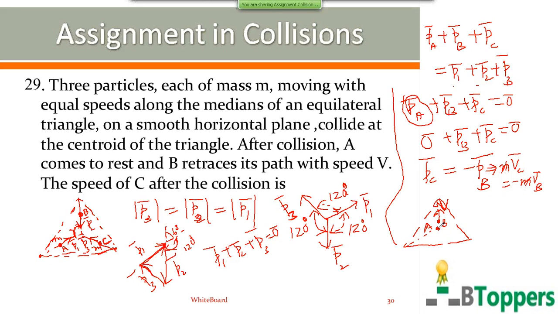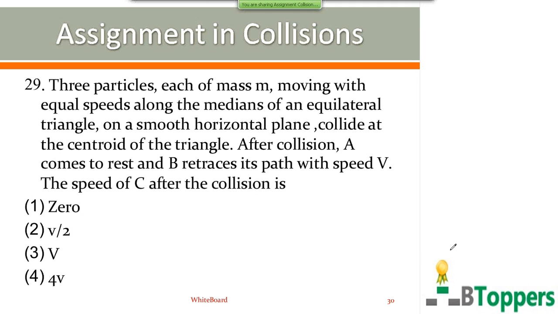So the velocity of C is opposite to B in direction but equal in magnitude. After collision C moves opposite to B with the same momentum magnitude and same speed V. If you want to copy the solution of the problem, you can pause and copy it. So for question number 29, the third option is the answer. The speed of C after collision is V and the direction of motion will be opposite to B.